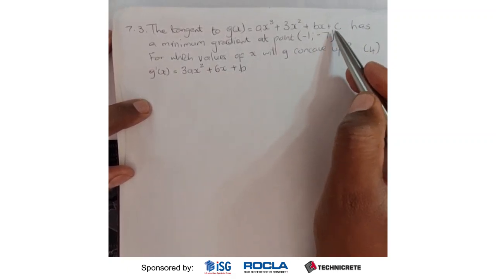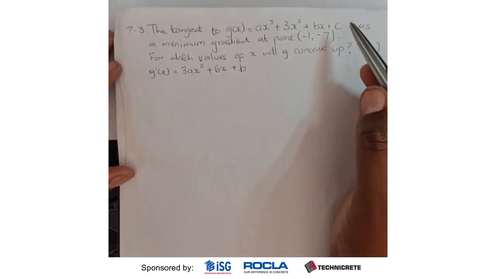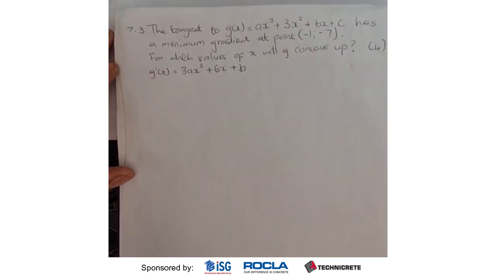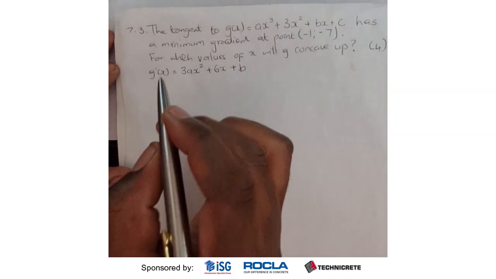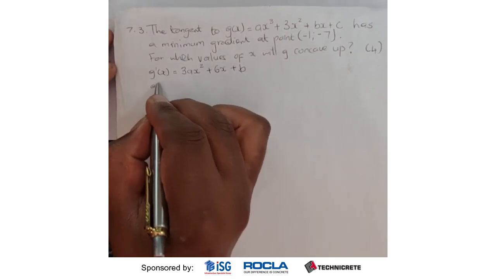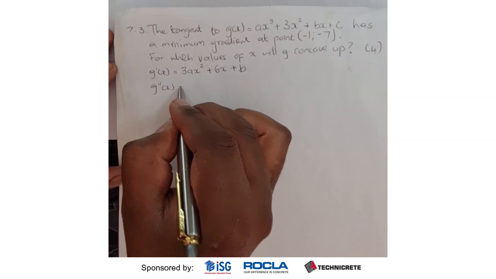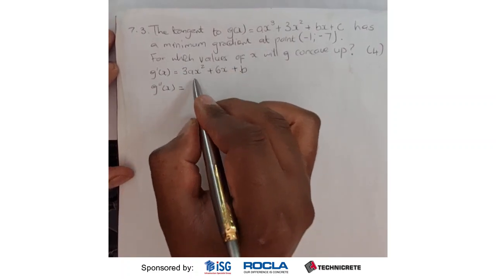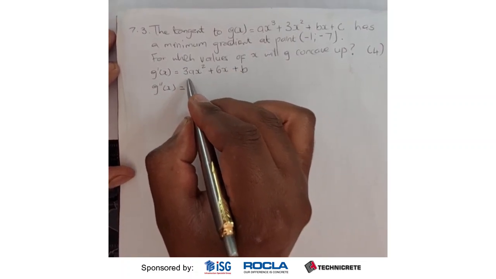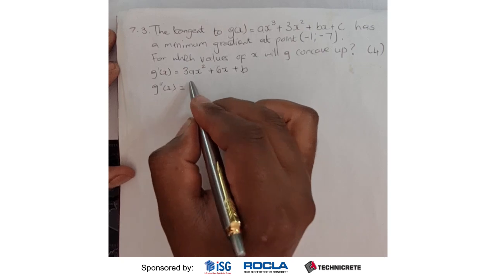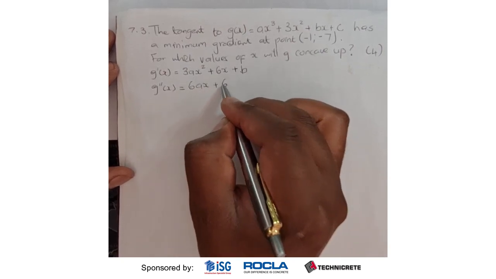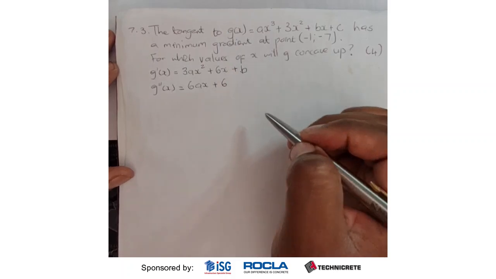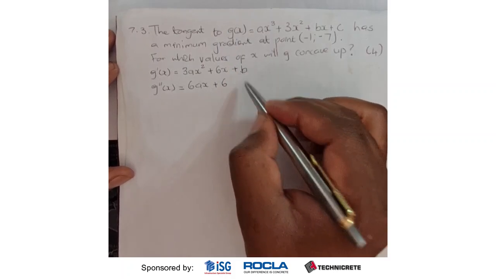Because c is a constant, c falls away. And then for concavity, we need to take the second differential, and the second differential of g of x becomes 6ax plus 6, and b falls away because it's a constant in this case.